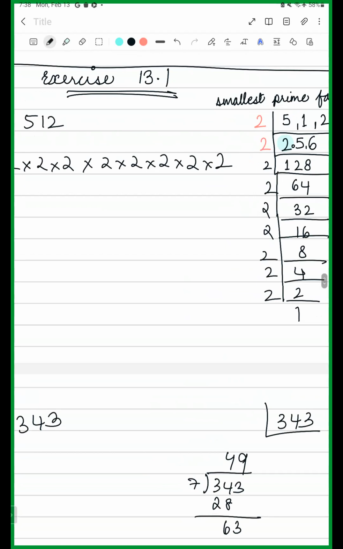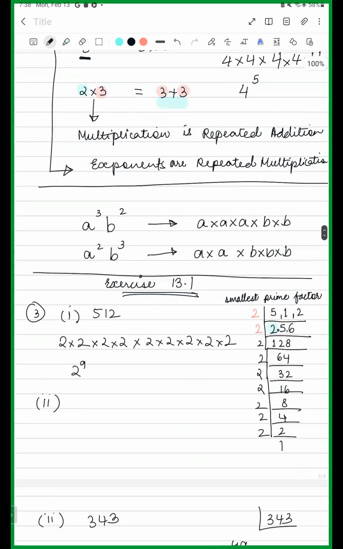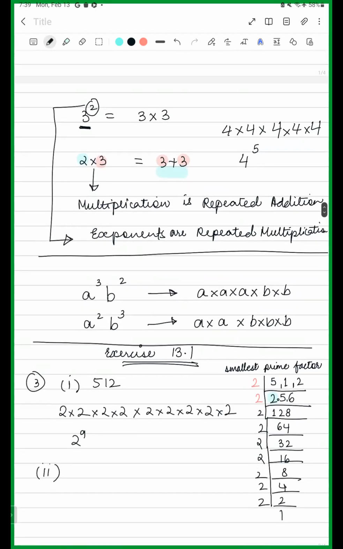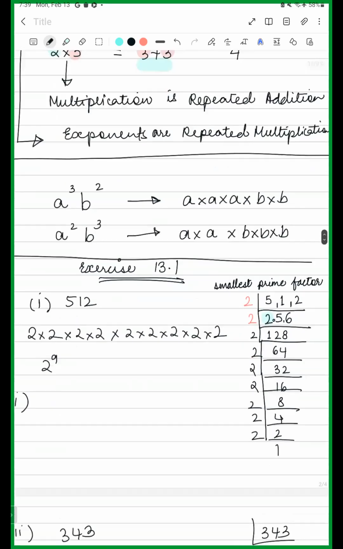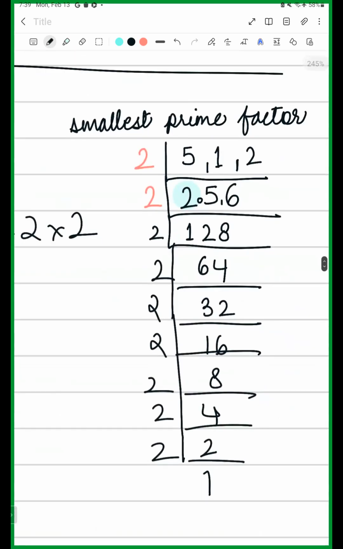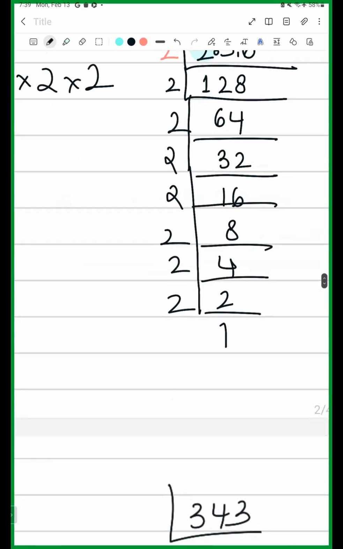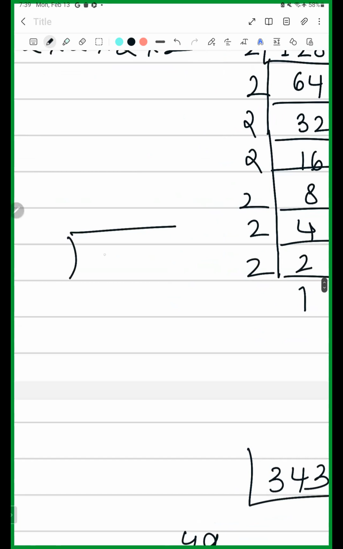Which one? What are you talking about? In the first question, where you wrote smallest prime factor, it was 5, but you still wrote 2.